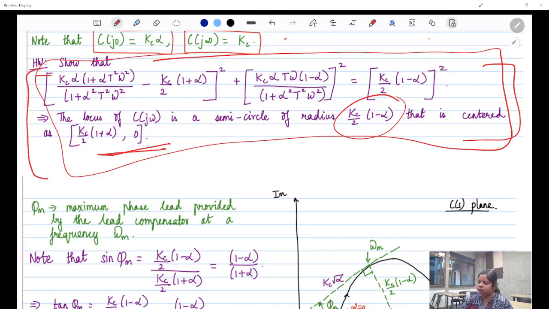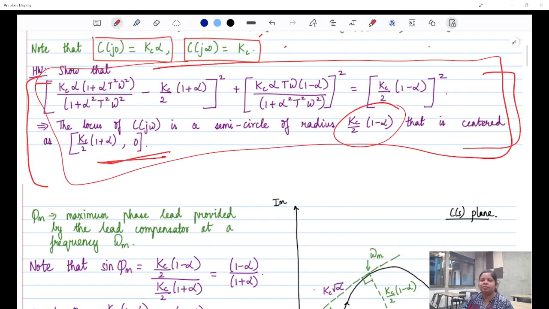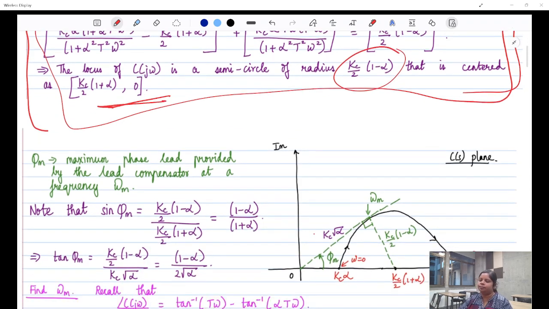And what is a Nyquist plot? When you are varying omega, the plane consists of a real part and an imaginary part, and how are the real and imaginary parts located as omega varies from 0 to infinity.